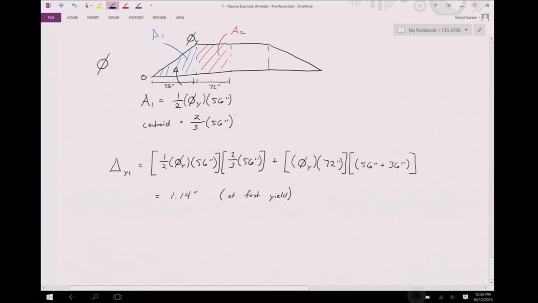So after this, we're just going to have an initial plastic rotation or plastic deformation.